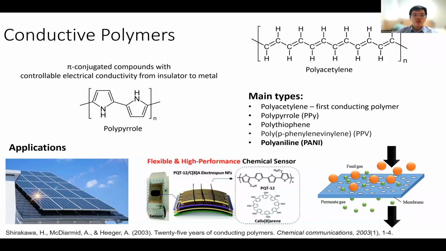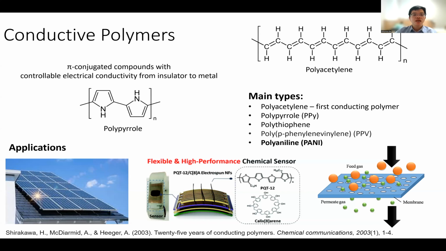Hi, I'm Aloysius, and I will now move on to talk about conductive polymers, a topic we touched on very briefly in class. Hopefully, after this presentation, we can have a greater understanding of conductive polymers. So what are conductive polymers? Conductive polymers are pi-conjugated compounds with controllable electrical conductivity over a wide range from insulator to metal by chemically or electrochemically doping its backbone.